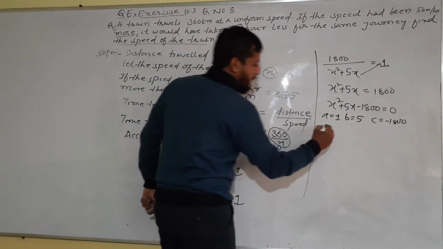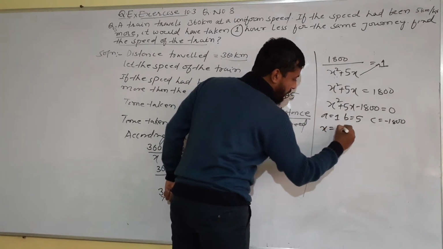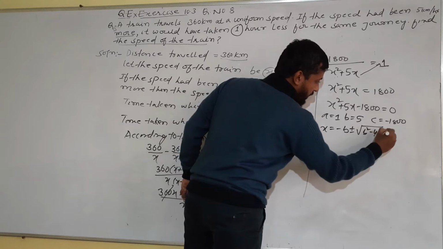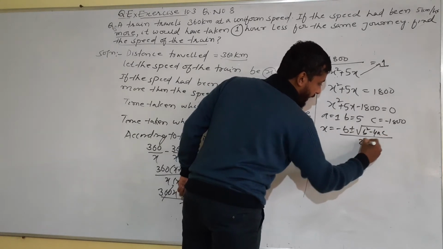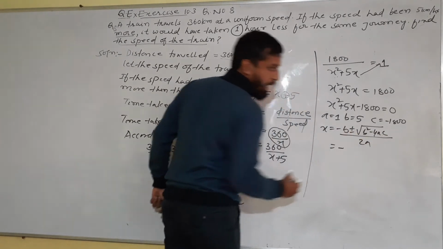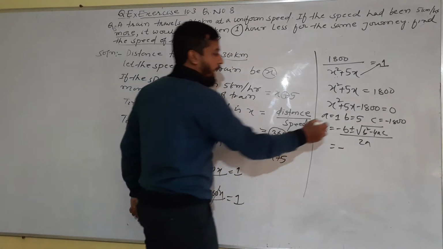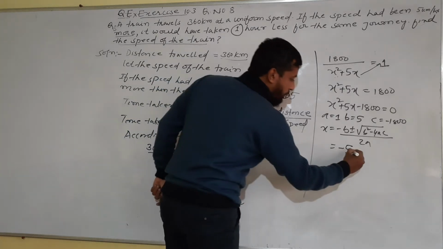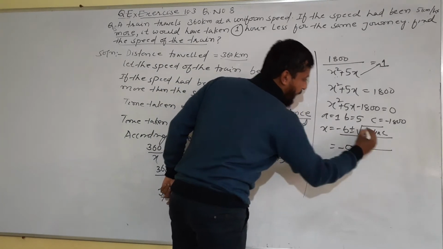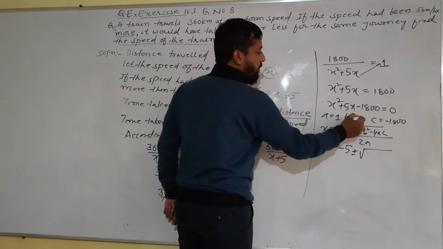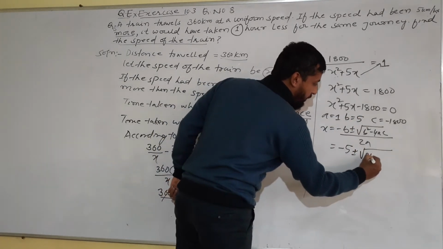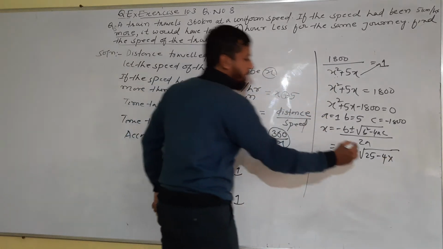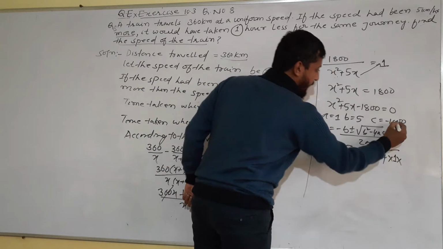Now let's do it by formula. x is equal to minus b plus or minus under root of b square minus 4ac, divided by 2a. This minus as it is. Now the value of b is 5, which will be minus 5 plus or minus under root of b square. b is how much? 5. 5 square is 25, minus 4 into the value of a. a is how much? 1, into c. c is how much?